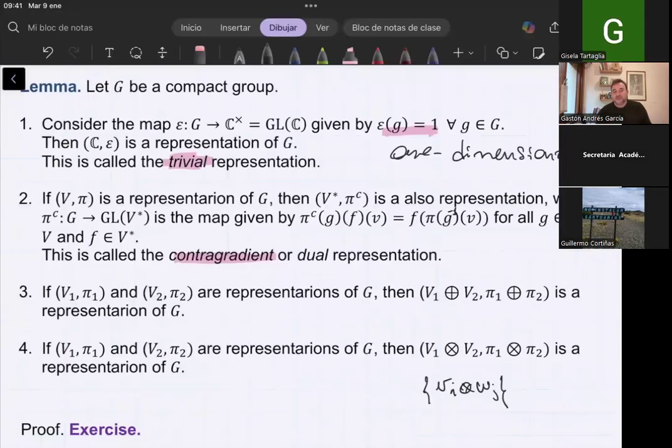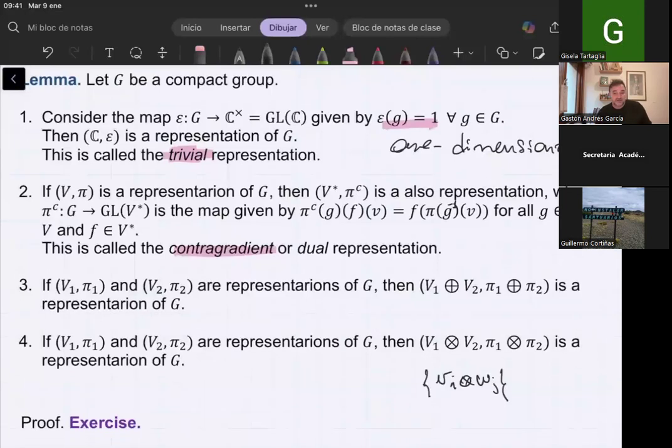And the question now is, okay, can I obtain all representations of a group by doing all these operations? And the answer is, in general, yes. In the examples that we're going to see, with all these operations we can get all representations. And this can be described by using category theory, or in more classical terms by describing them explicitly.